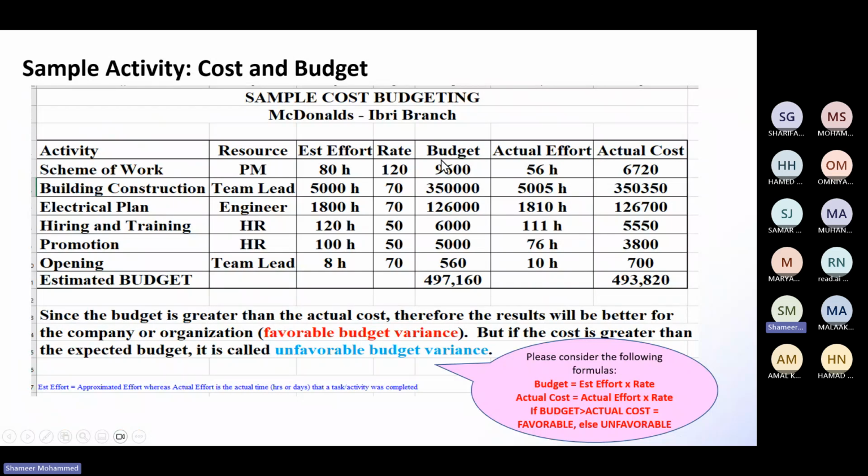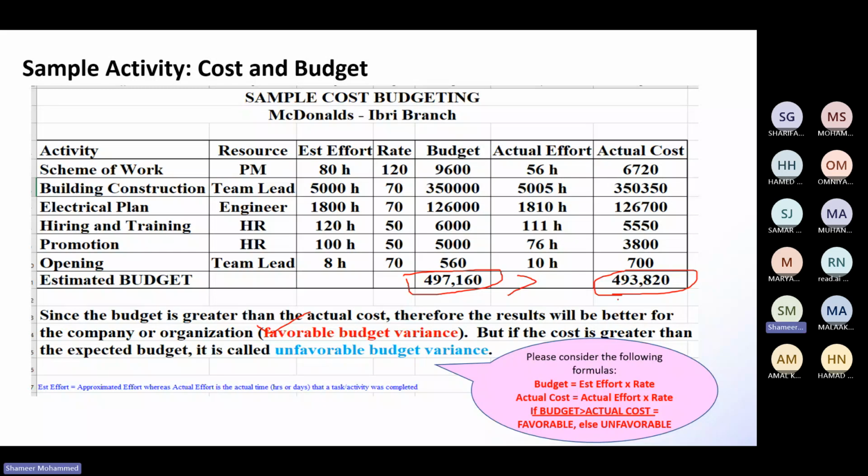If the budget, this total amount, is greater than this amount, the actual cost, then the project is favorable. If this amount is small and this amount is big, then it is not.